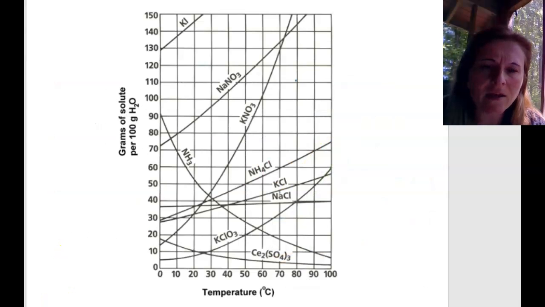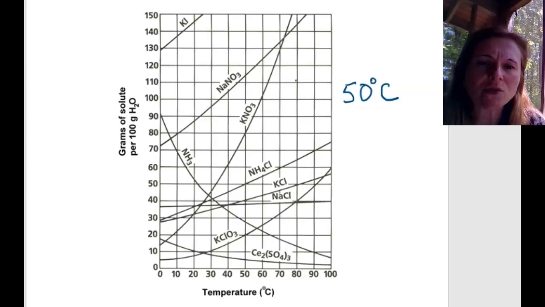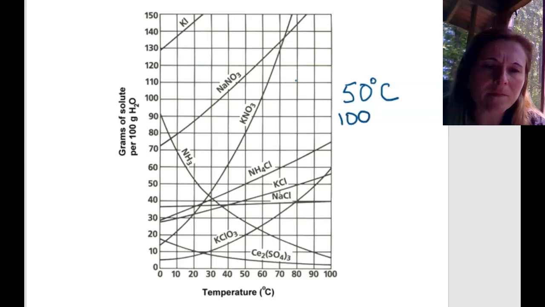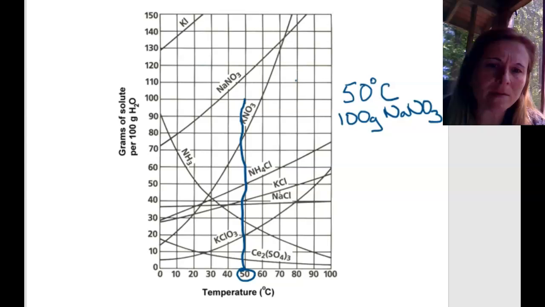Let's look at another example and some different scenarios. Let's say we have 50-degree water, and we add 100 grams of sodium nitrate. So let's take a look at that situation first. We're at 50 degrees Celsius, so we bring it up and we have 100 grams.